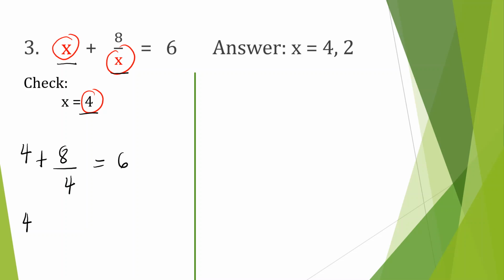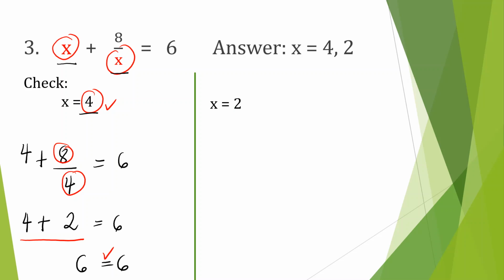Next, we have 4 plus 8 divided by 4 is 2, is equal to 6. 4 plus 2 is 6, which is equal to 6. Since they are equal, therefore, 4 is a solution to the given equation.